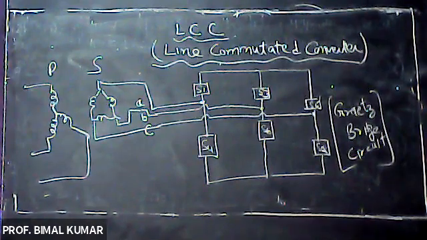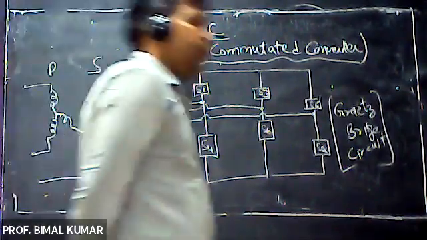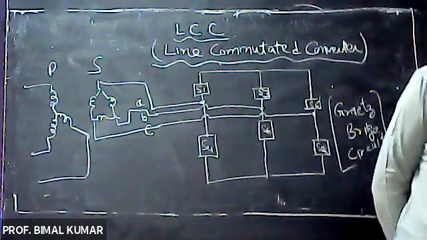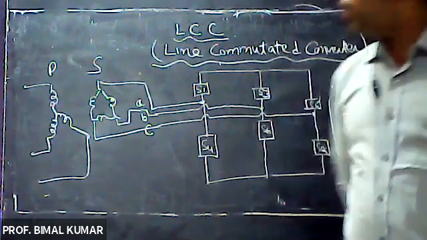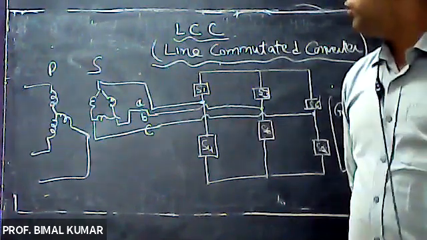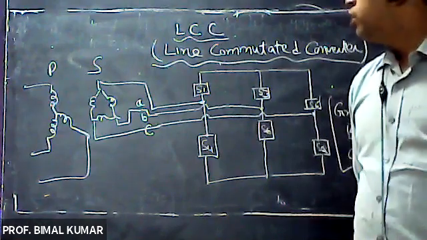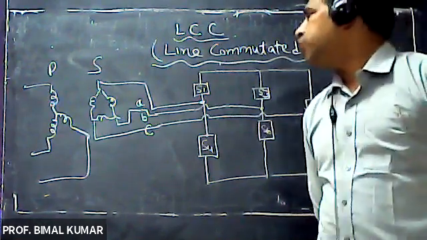That means we are serving both purposes, the purpose of the primary winding as well as the secondary winding, with the help of the same single winding and with the help of the tap changer.